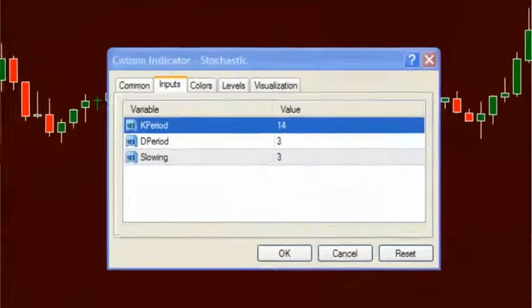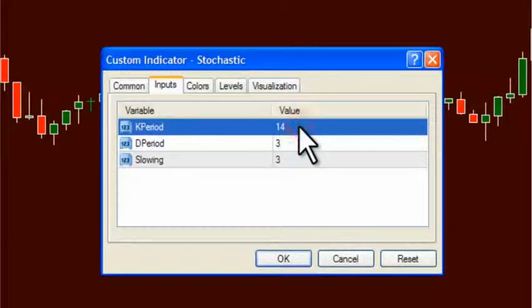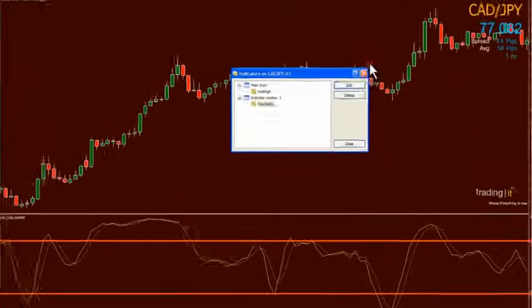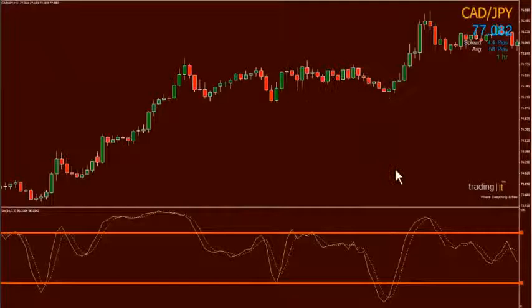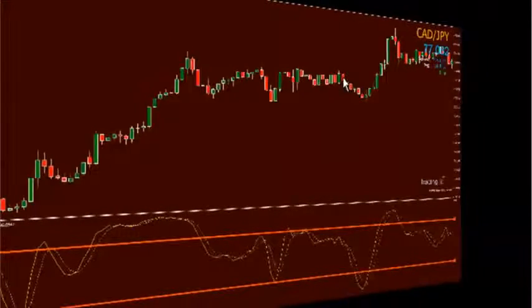Off this 1-hour chart on the CAD yen, we'll elect to use the 14-3-3 setting for the stochastic. Now, as stated, to use a stochastic in a trading strategy, let's identify if we are in an uptrend or a downtrend first. In this example, price is making higher highs and higher lows, illustrating an uptrend.